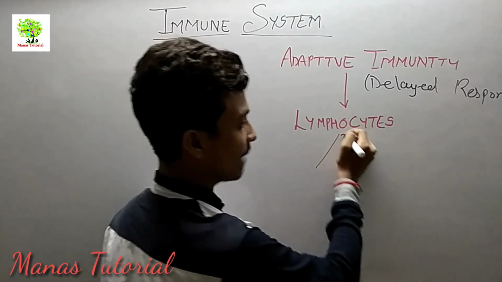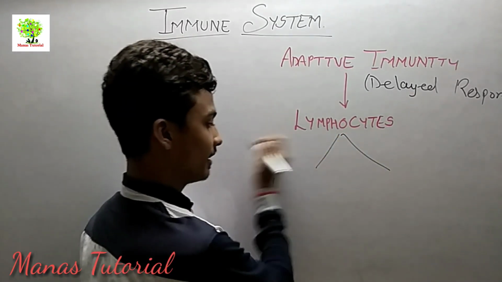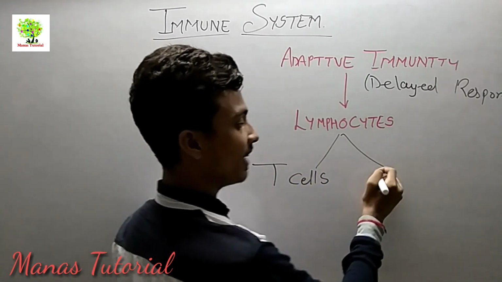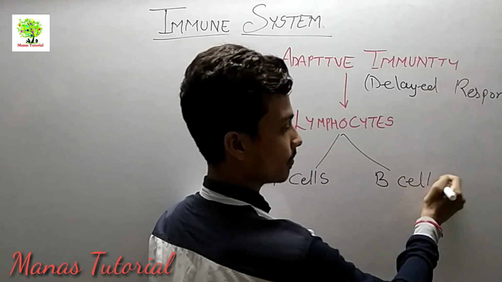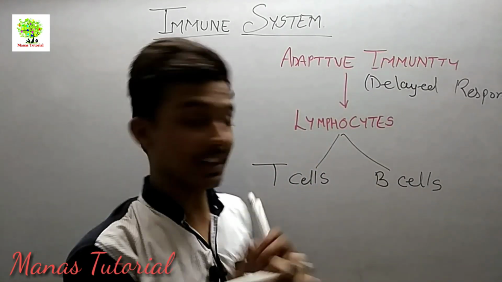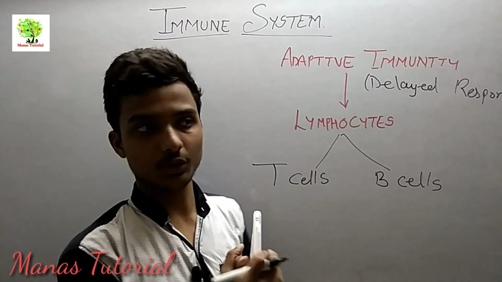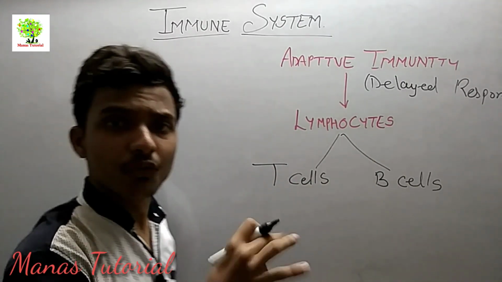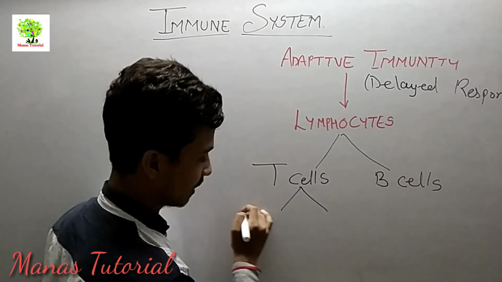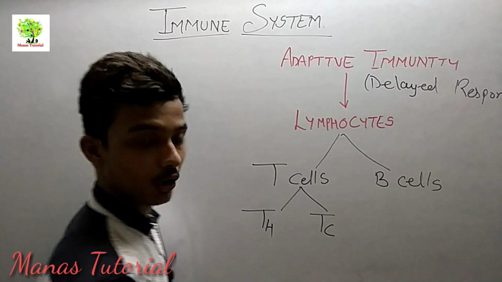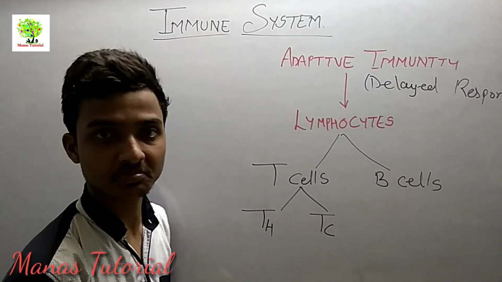There are two types of lymphocytes: T cells and B cells. By these two cells, adaptive immunity occurs, and these are very specific to the antigen. The T cells are further divided into two types of cells: T helper cells and T killer cells or cytotoxic cells.